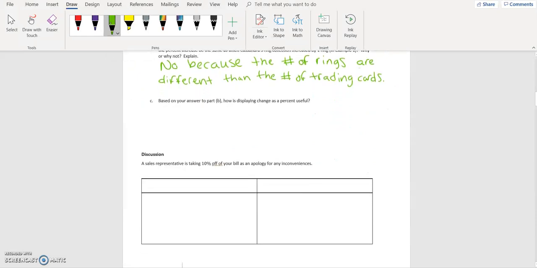Based on your answer to Part B, how is displaying change as a percent useful?